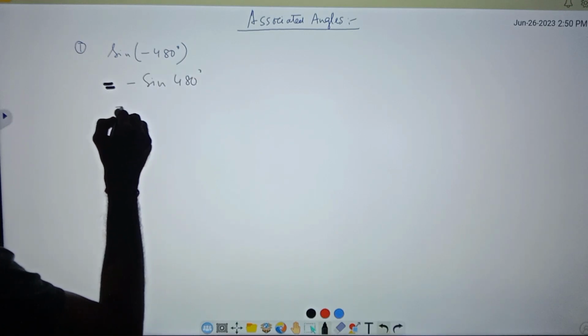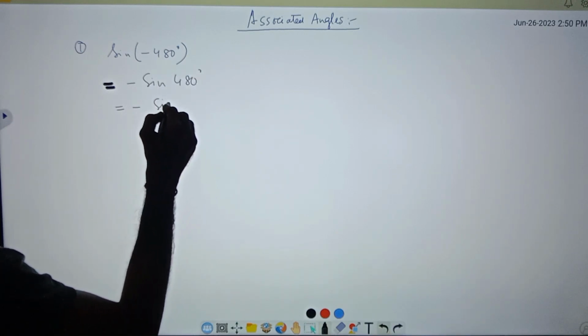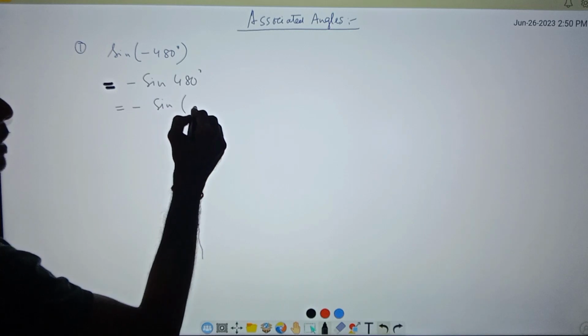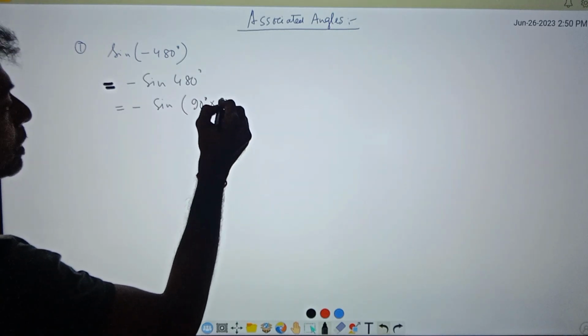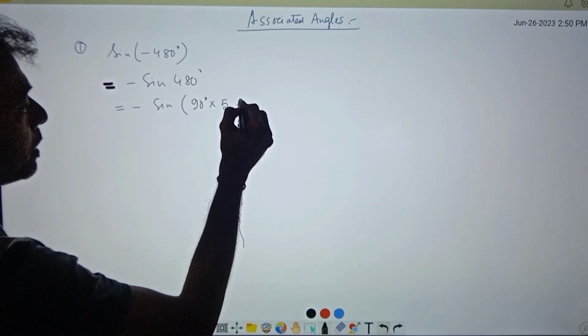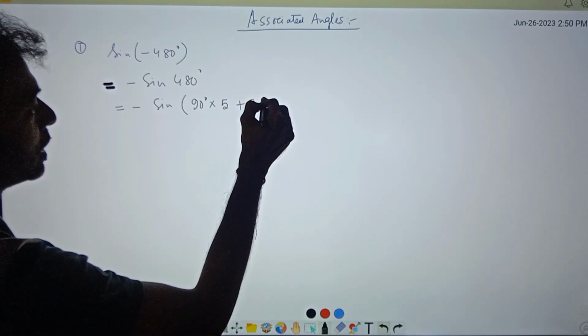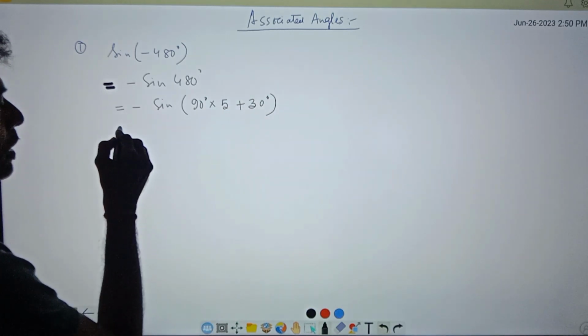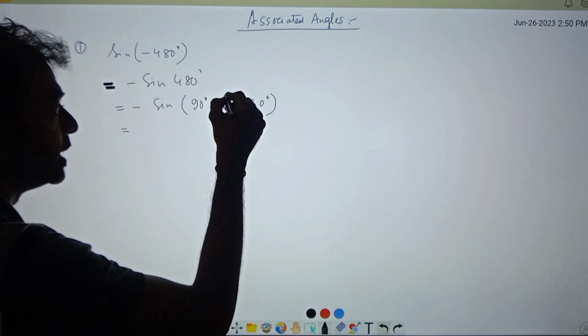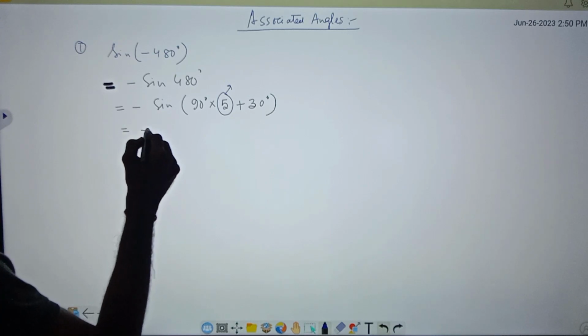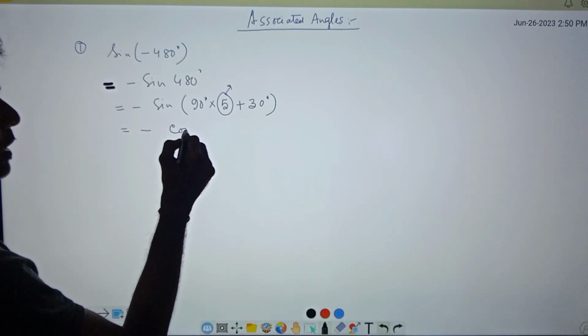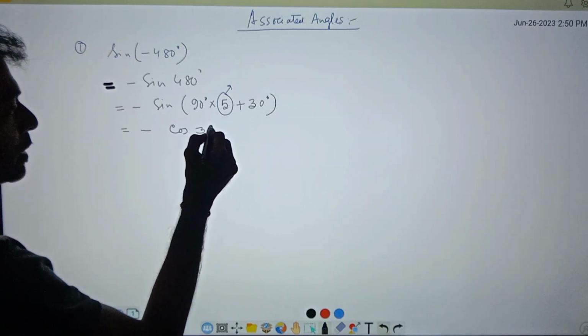Now you need to break 480 degree as a multiple of 90, the nearest multiple of 90. That will be 90 into 5 plus the adjustment part, that is 30 degree. Now this is an odd multiple, and we all know that the trigonometric ratio is going to change here. That will be cos of 30 degree.